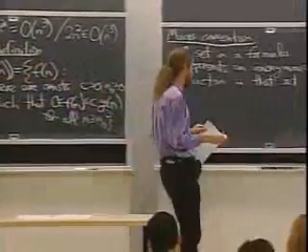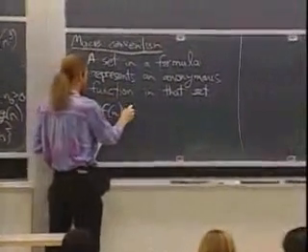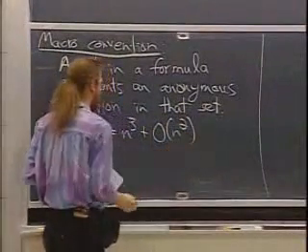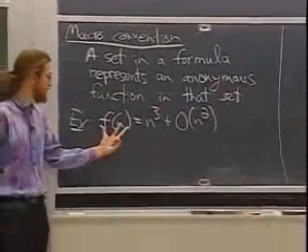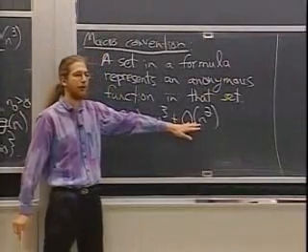So for example, let's say we have f of n is n cubed plus order n squared. So this is attempting to get an error bound. This is saying f of n is basically n cubed, but there's these lower order terms that are big O of n squared.